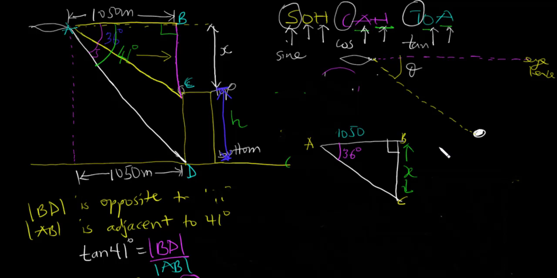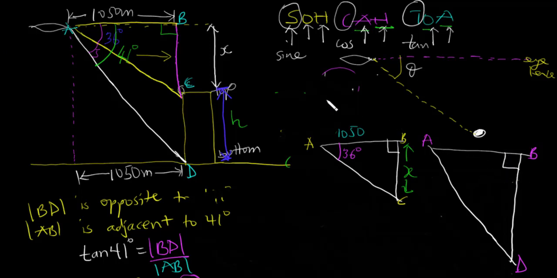So that is the small right angle triangle. Let me add the bigger one so that you can make the comparison. I'm making it bigger so that you see it well. So here too we had A, B, and remember that here was D, and here is the 90 degrees angle, and the length AB, 1050 here, and then from B to D is going to be x plus h.